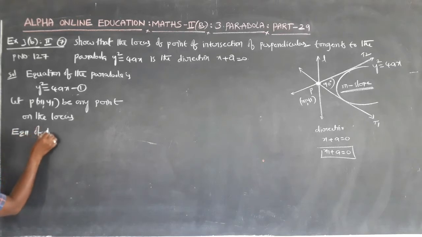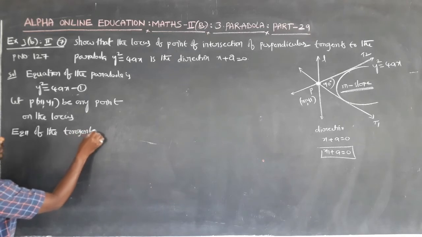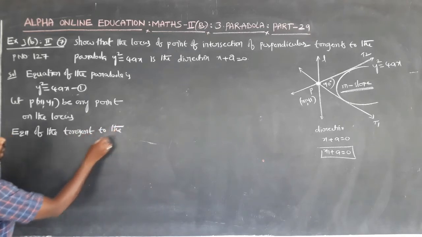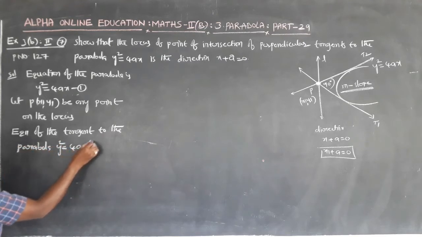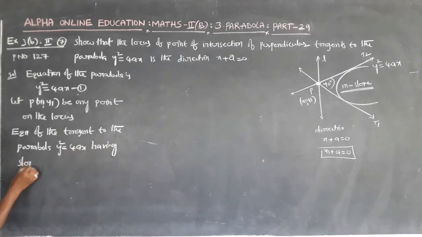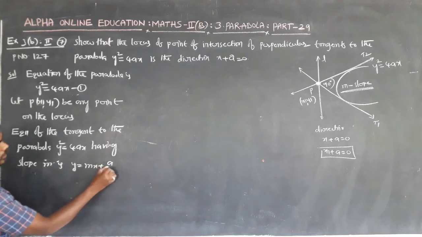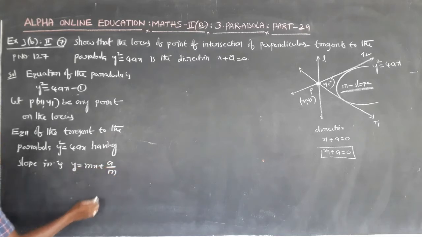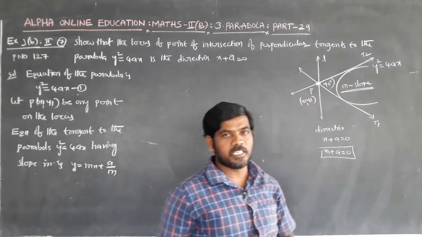It is y is equal to mx plus a by m. This is the equation of the two tangents.